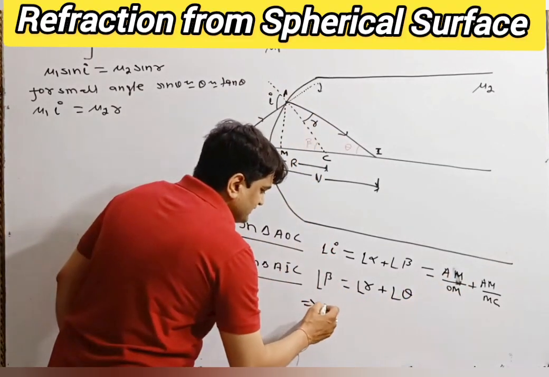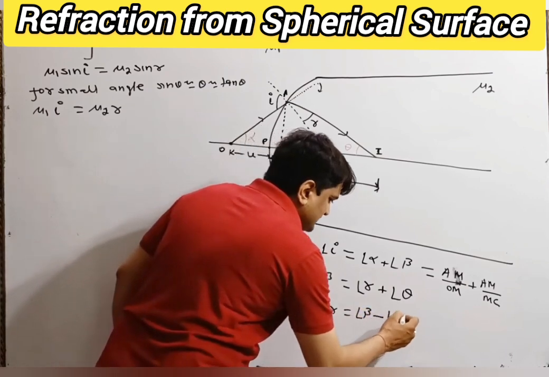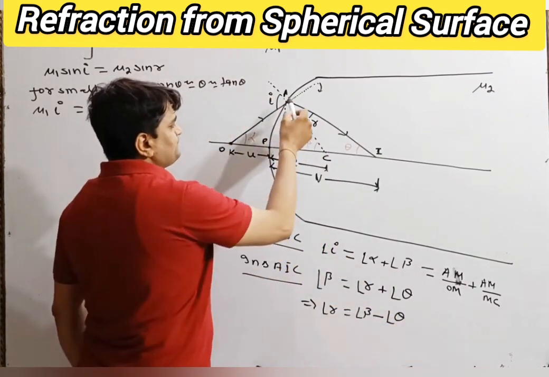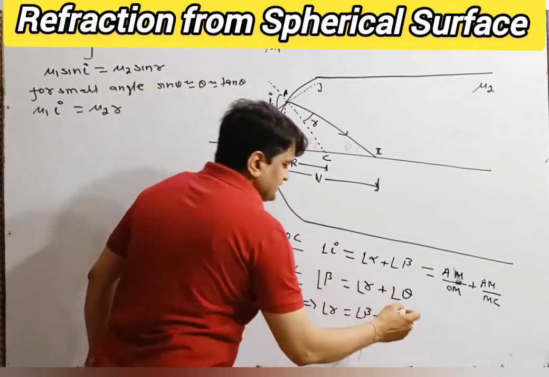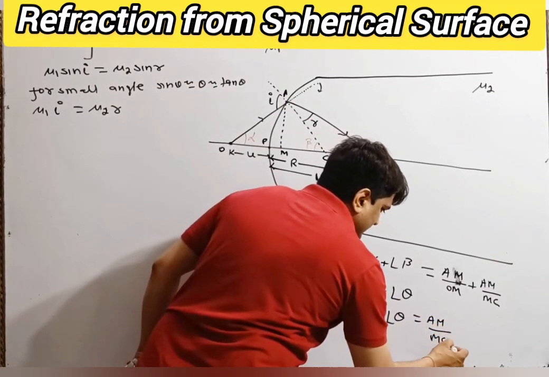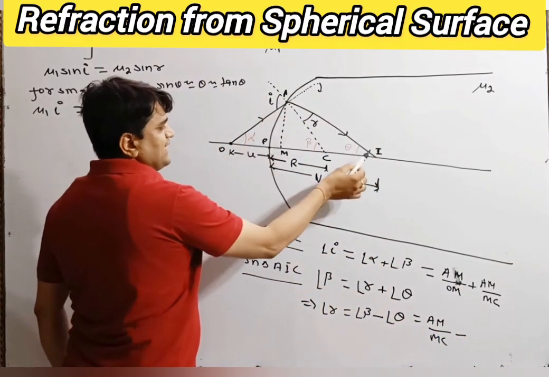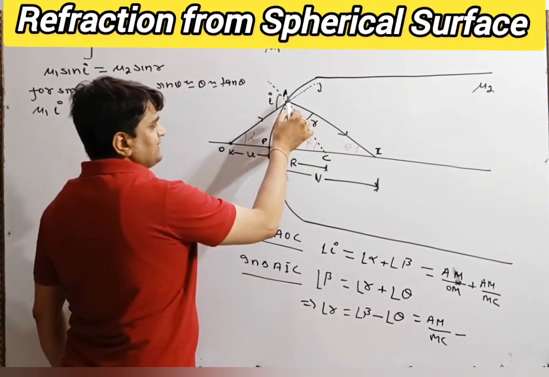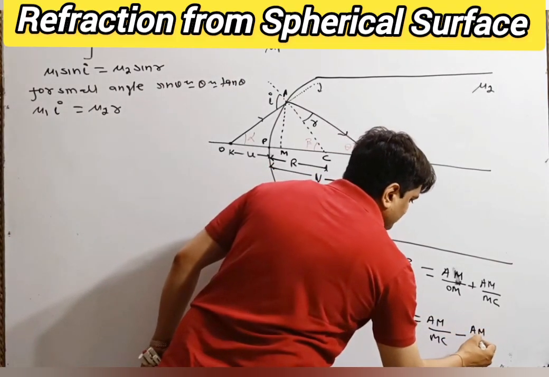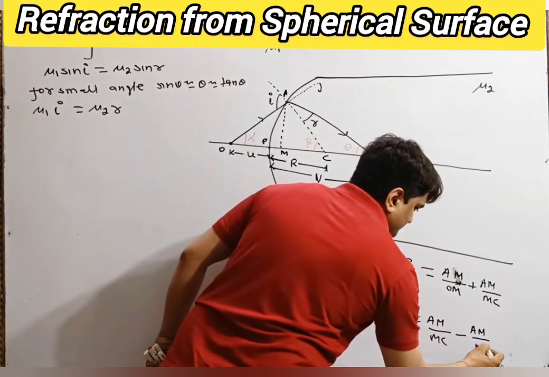Now we can write angle r as angle beta minus angle theta, and beta is, in triangle ACM, AM upon MC. Beta is AM upon MC minus theta, and in triangle AIM, tan theta will be AM upon MI.